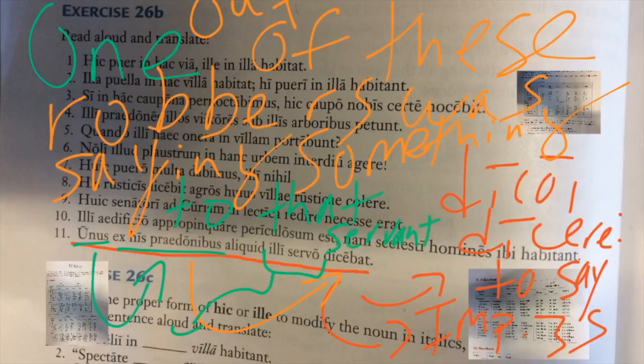Illi servo is dative, masculine, and singular. So he was saying something to that servant.